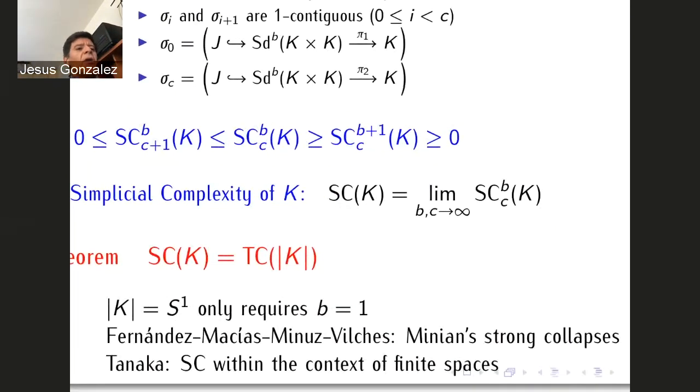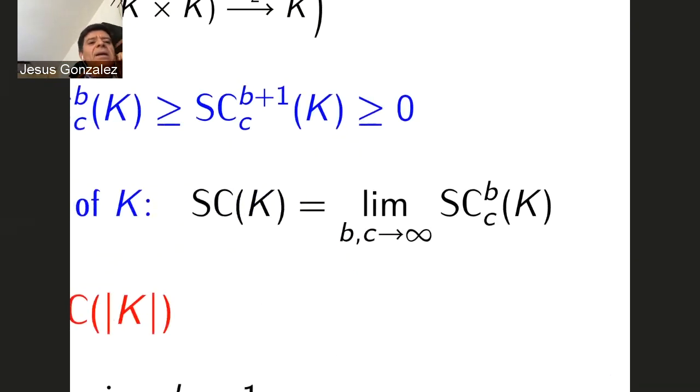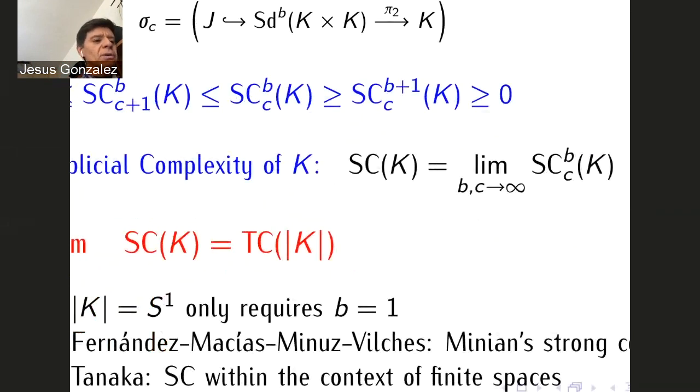So let me finish with a couple of comments on the complexities of this thing. Of course, taking a limit as B goes to infinity is a bad thing, because then you're needing to subdivide as many times as you need, and this quickly goes out of control for any computer.